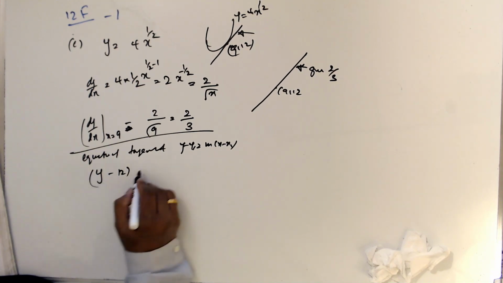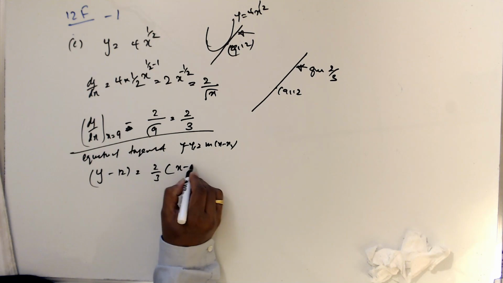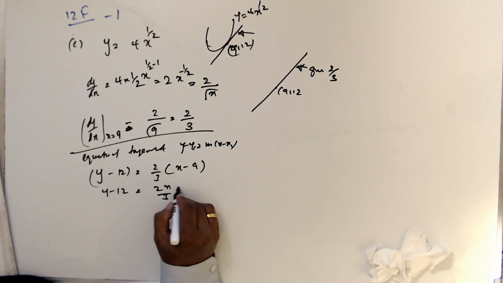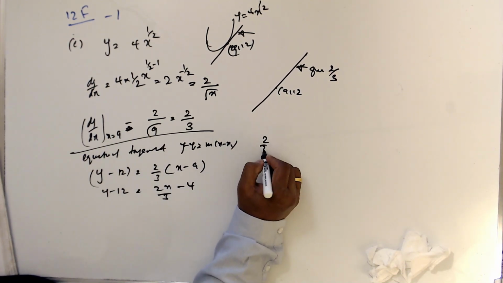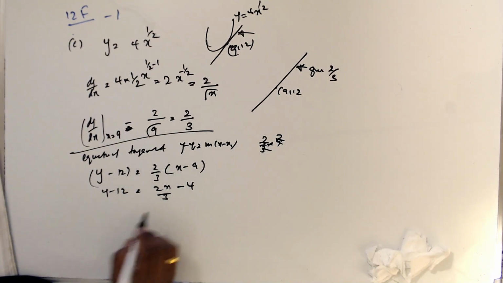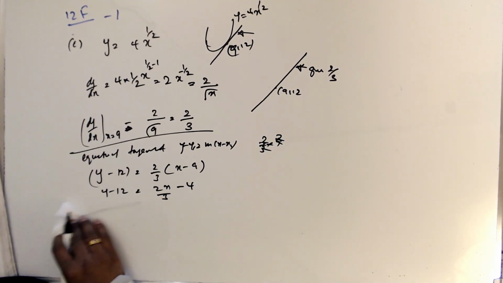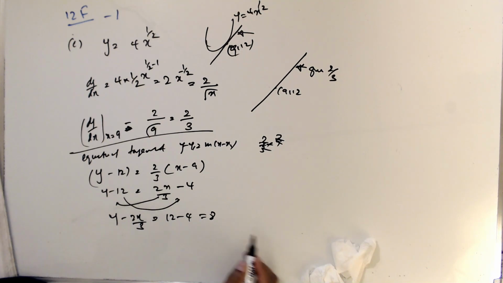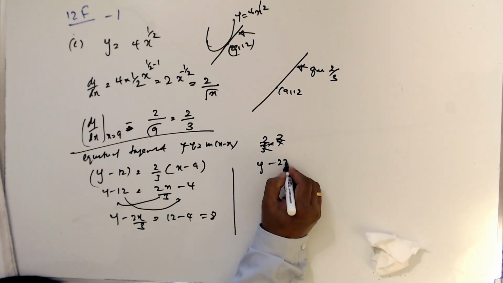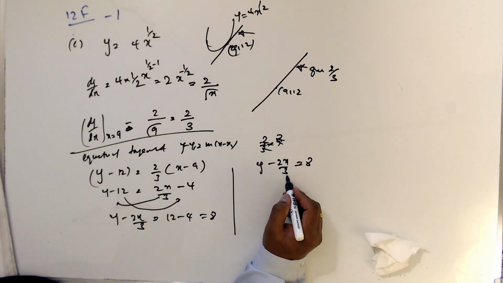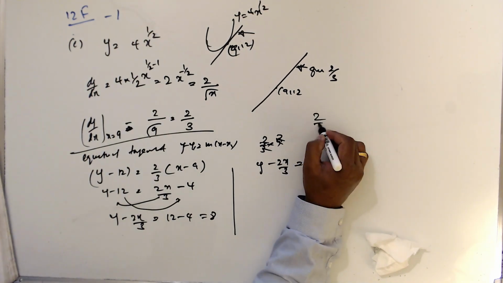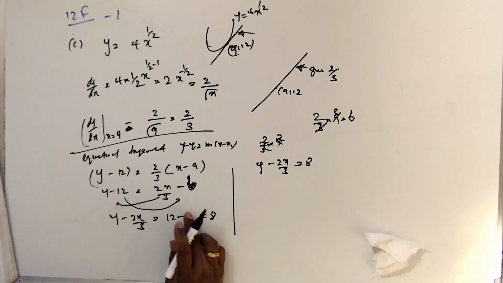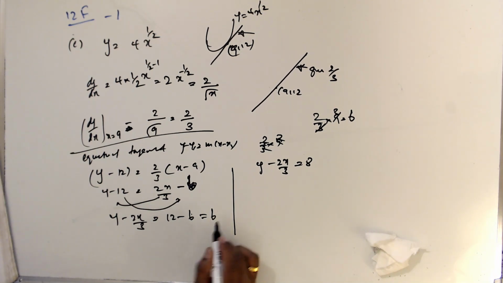So y minus 12 equals 2 over 3 times x minus 9, which is 2x over 3 minus 6, since 2 over 3 times 9 is 6, not 4. So y minus 2x over 3 equals 12 minus 6, which is 6.